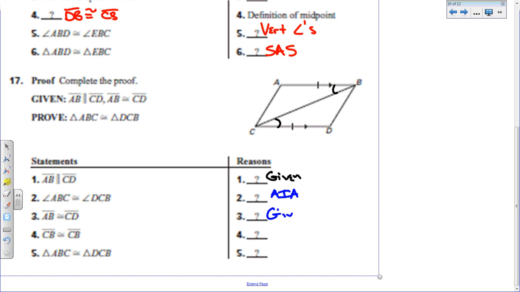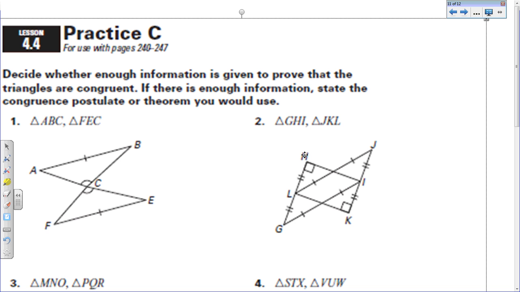That is given to you. And how do you know CB is congruent to itself? Reflexive. And triangle ABC congruent to DCB. I got side, I got angle, I got side. SAS. That's it. On to practice C.